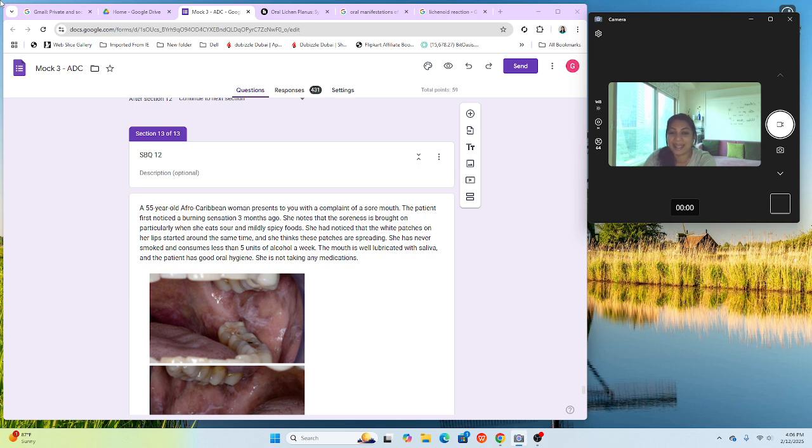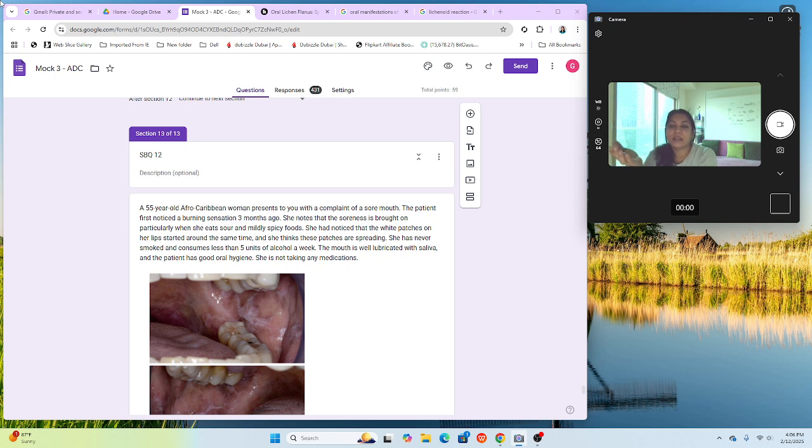She's not taking any medications. This line is a very good statement, because a lot of lichenoid reactions occur as an adverse reaction to some systemic medications.